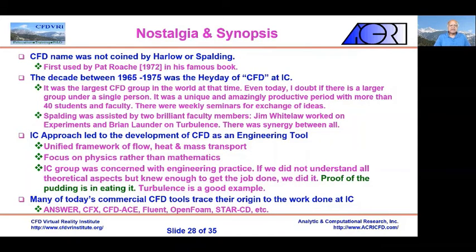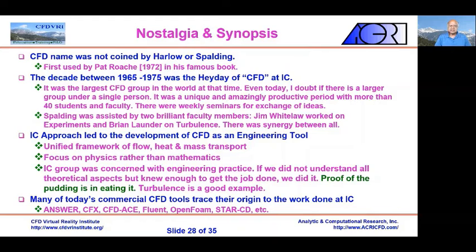So a bit of nostalgia and synopsis before I go on to other things. One interesting fact is that the CFD name was not coined by Harlow or Spalding. It was first used by Pat Roache in his famous book, which is called Computational Fluid Dynamics. CFD was in its heyday at Imperial College between '65 and '75.